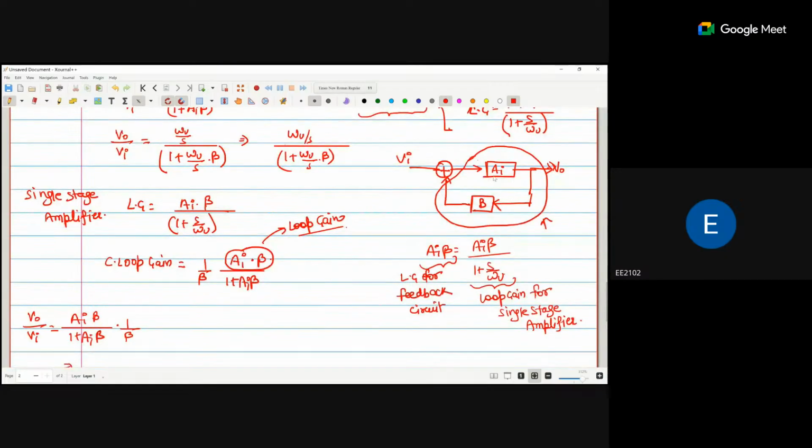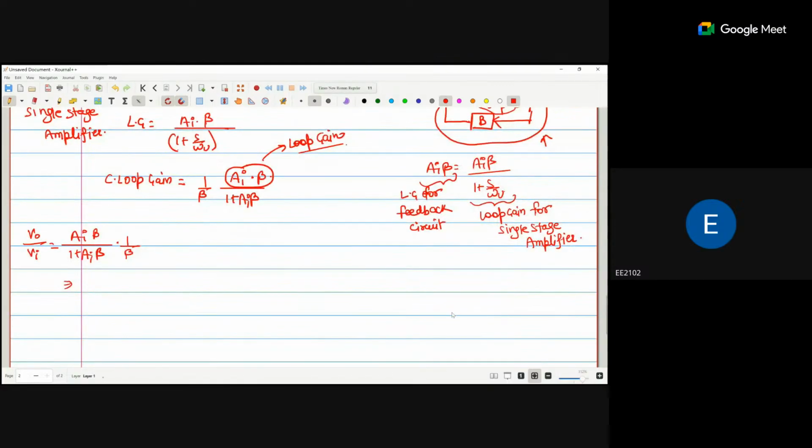That means a loop is created: the signal will be fed back with beta and again go to A. So this is the loop gain. I just write Ai beta as the loop gain, so it is loop gain upon 1 plus loop gain into 1 upon beta. This is a simple feedback system.